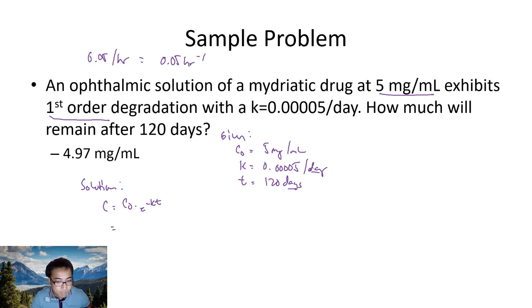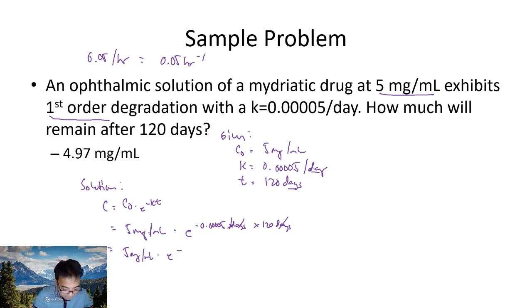So anyway, my concentration at time 0 is 5 milligram per ml times e raised to negative K, which is 0.12345 per day, times 120 days. Cancel. It's 5 milligram per ml times e raised to negative 0.12345 times 120.